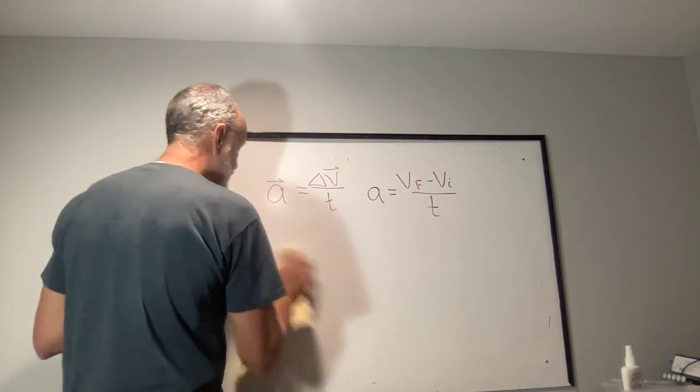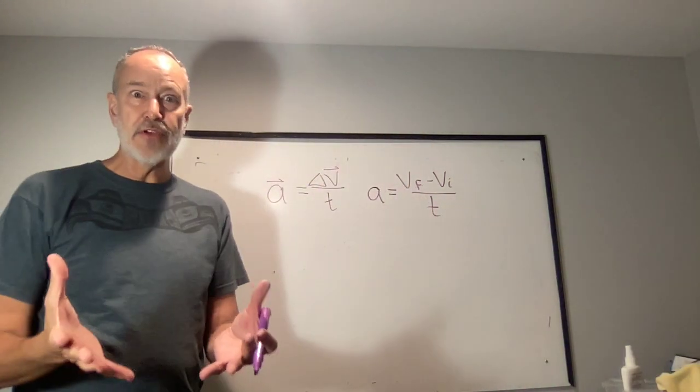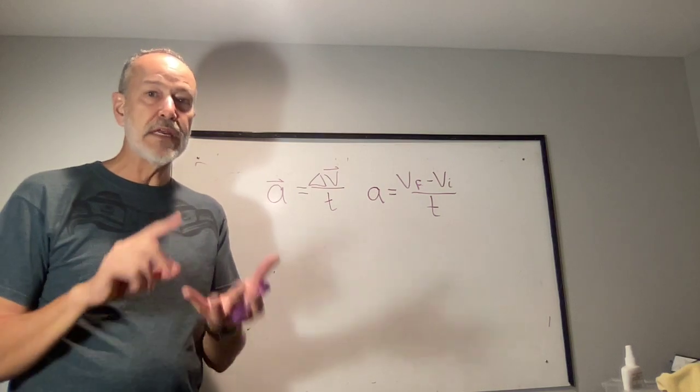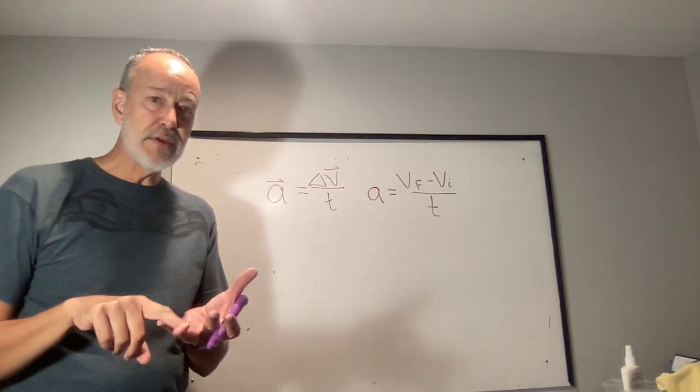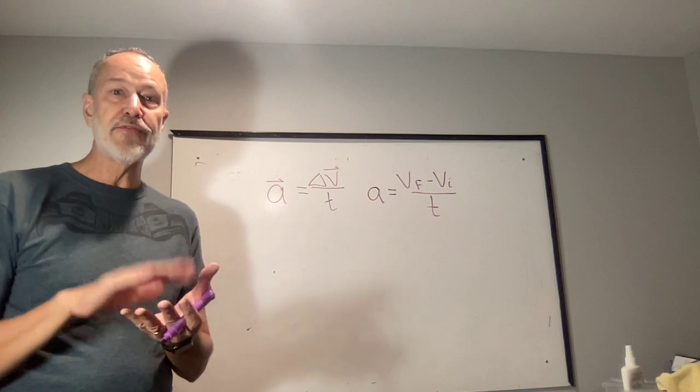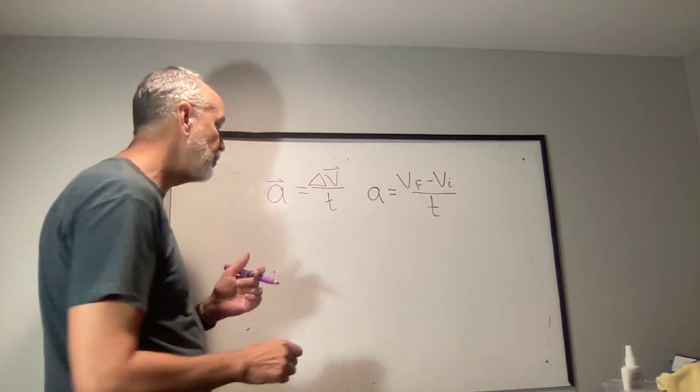And what we want to do is start a new process, which is called the solve method. Sketch, write the objective, list the variables, and find the equation. And the sketch is the most important thing.